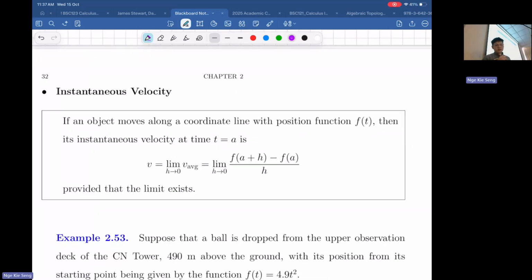The next meaning of derivative. You see that this is the same limit here. You recognize this, okay? But we're going to interpret this limit differently. So let's say this f has a special property, which is what we call a position function.